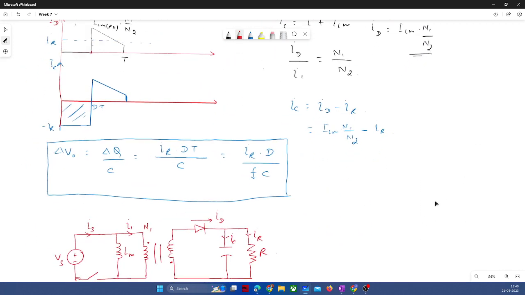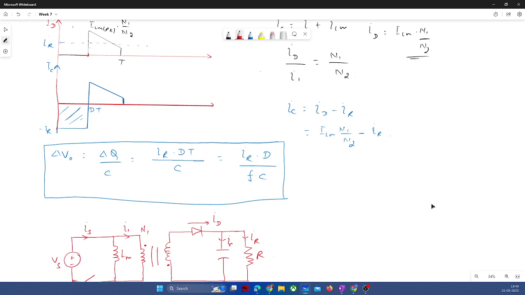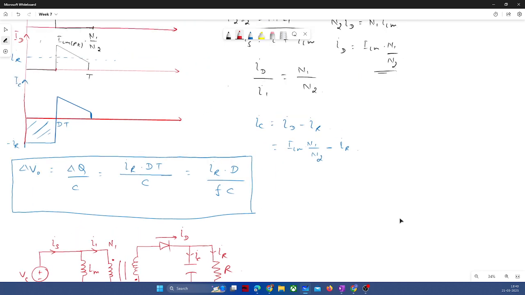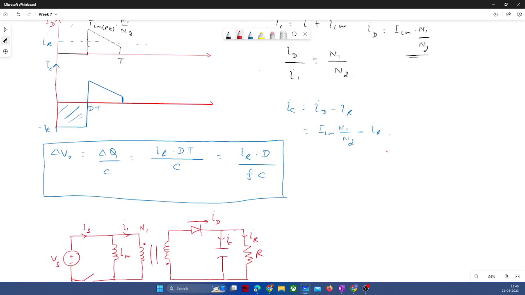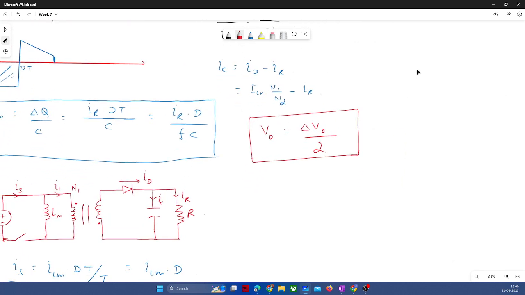If you equate V naught equal to del V naught by 2, you know the V naught, you know the del V naught, and in the del V naught expression there is a capacitance term.